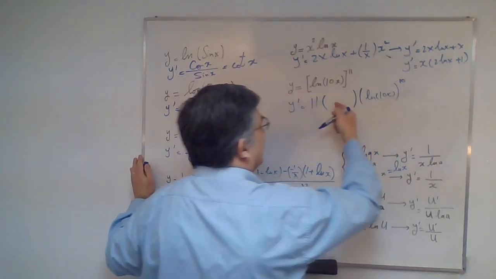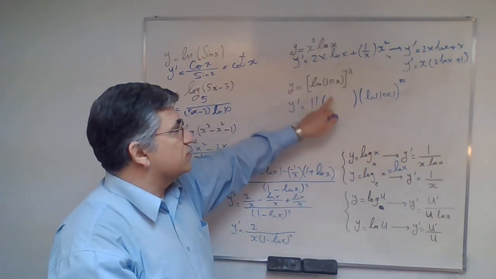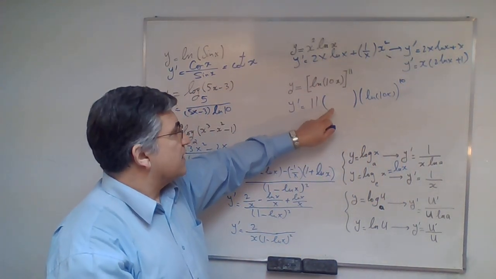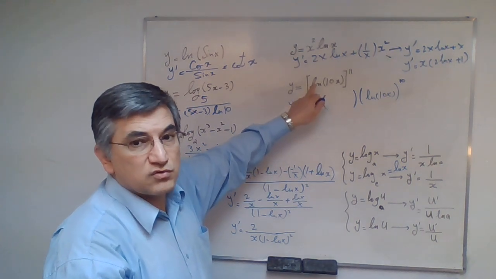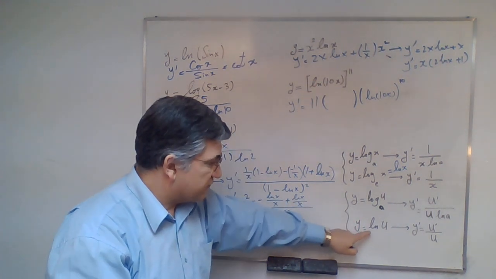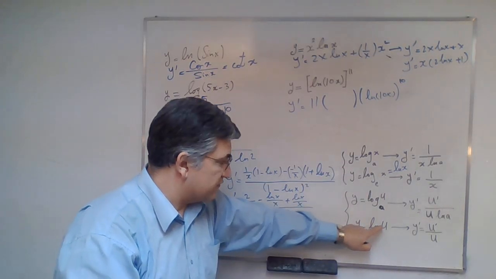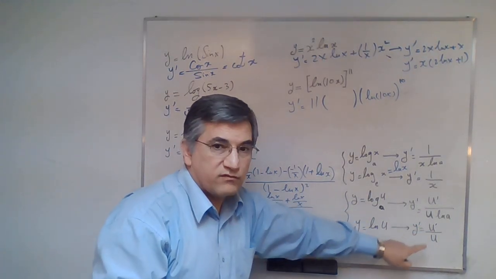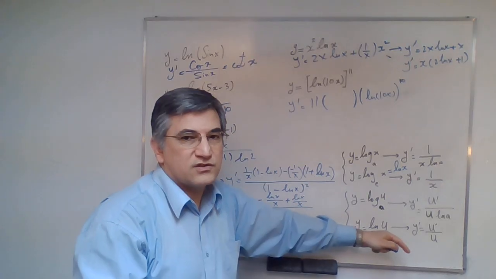There you go. So here I just have to write the derivative of inside. The derivative of inside is ln of 10x. What's the derivative of ln of 10x? So I have to apply this formula, ln of u. Ln of 10x will be derivative of 10x over 10x. The derivative of 10x is just 10.